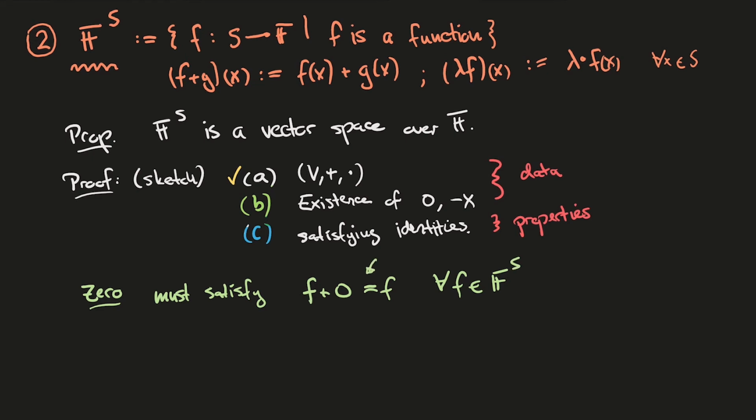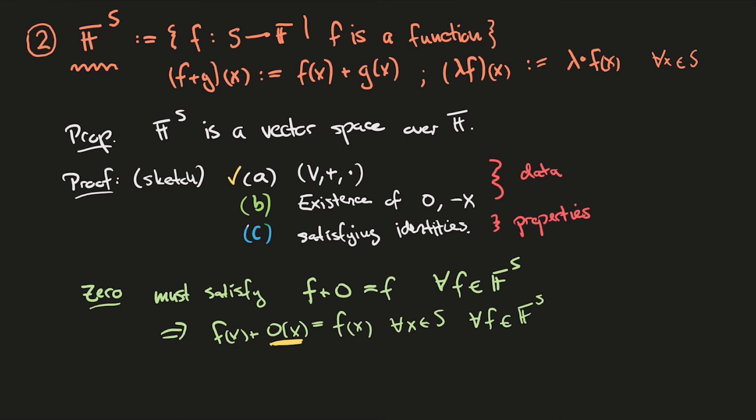We notice that this equality here is an equality of functions, and two functions are deemed to be equal if they act the same way on all elements in their domain. So the above implies that f of x plus 0 of x needs to be equal to f of x for all x in S and for all f in Fs.